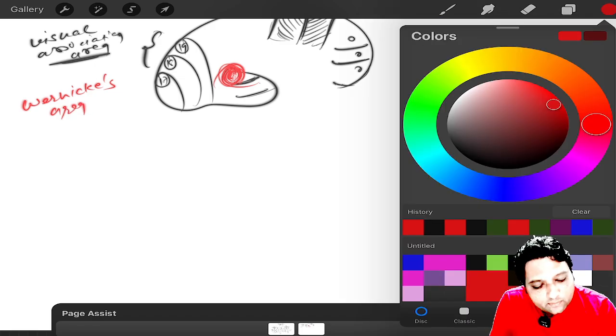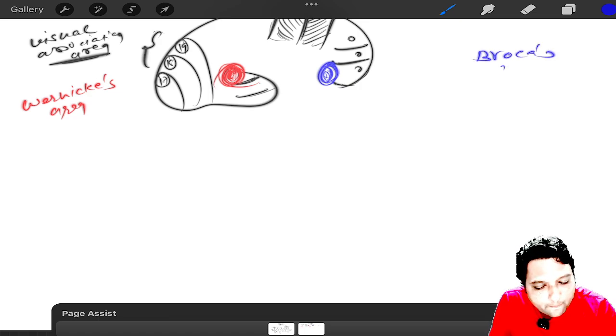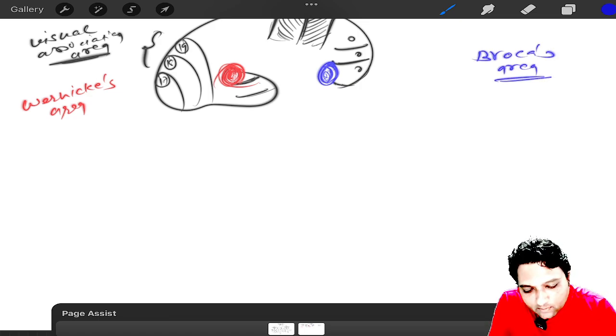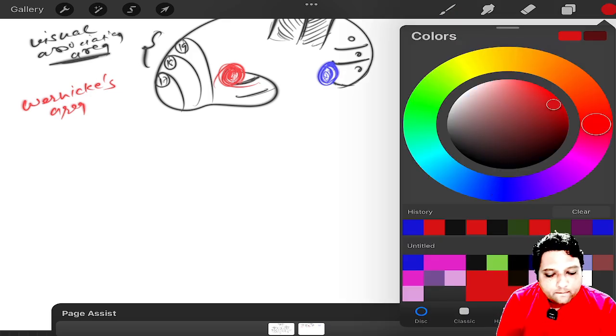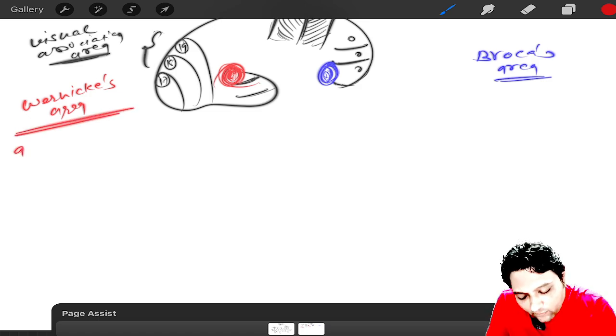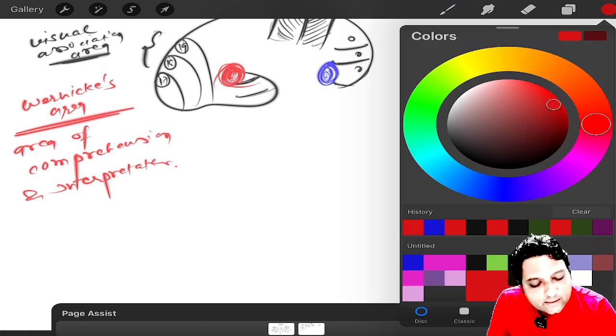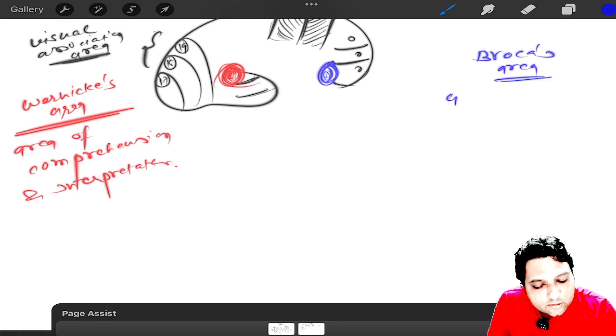And at the back of the inferior frontal gyrus there is another area which is your Broca's area. Now Wernicke's area is your area of comprehension and interpretation, whereas Broca's area is your area of speech expression.